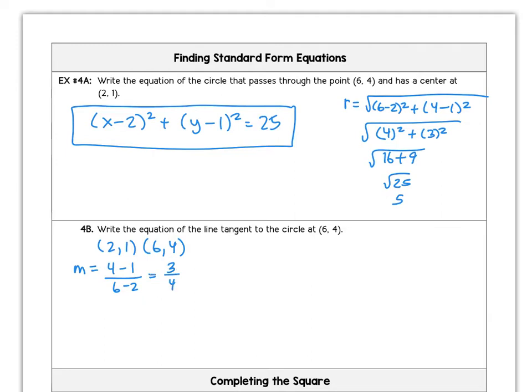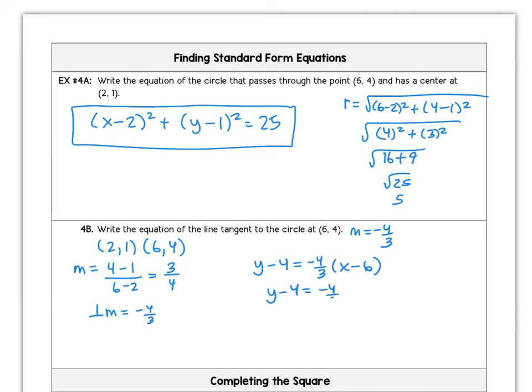Okay, so if we want the equation of the line tangent to the circle, then it's going to be perpendicular to that, remember? So our perpendicular slope would be -4/3. It's opposite reciprocals of each other. Okay, so now I have the point and I have the m is -4/3. So y minus 4 equal -4/3 times x minus 6.